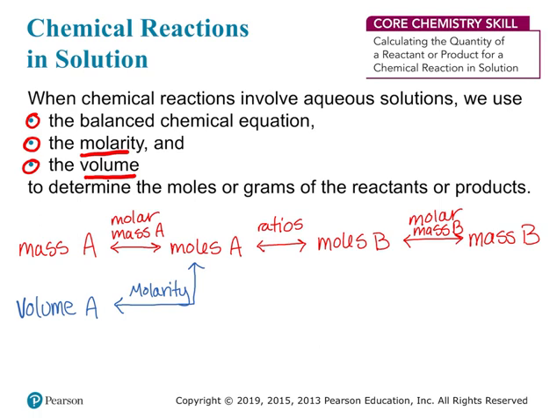And then we could keep going. Once we have moles of A, we could convert that to moles of B, and then convert that to a mass. Or another option, if we start with a volume of A, and then we use molarity to convert to moles of A, we could convert that to a mass for A.